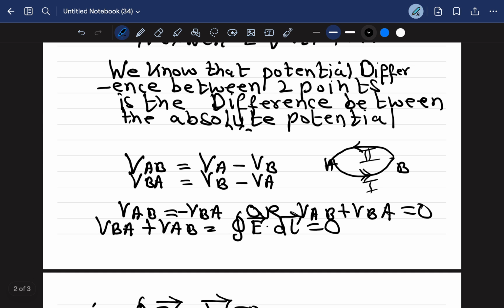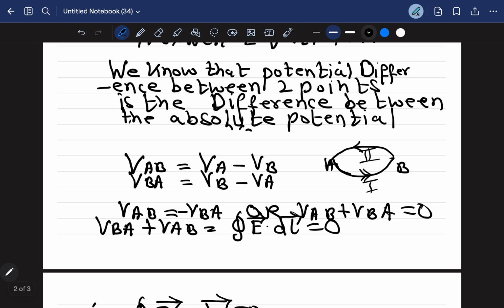So the closed integration of E dot dl means the work done to move a unit positive charge across a closed loop, which is equal to VAB plus VBA, the total potential difference across the path. But it is a closed path, as we saw with VAB plus VBA.